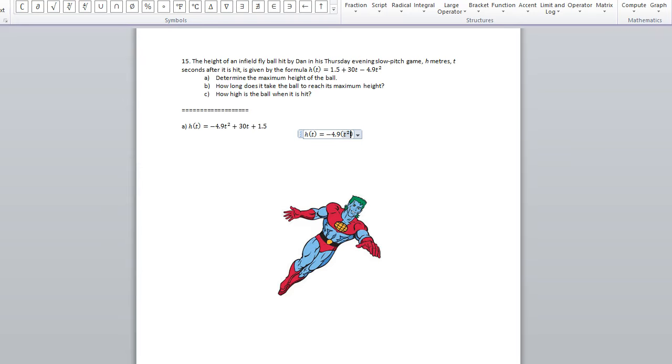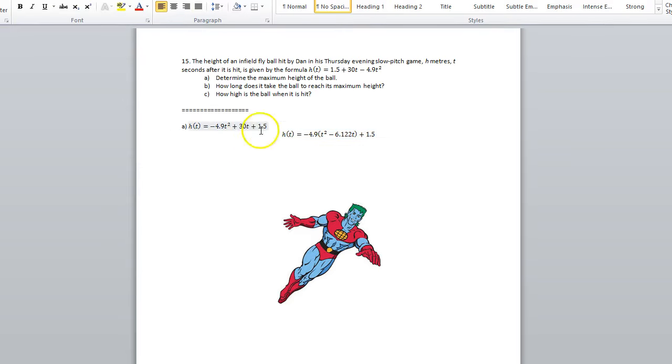If you go on your calculator, 30 divided by negative 4.9, you get negative 6.122, like so, and then t, and then plus 1.5, like so.